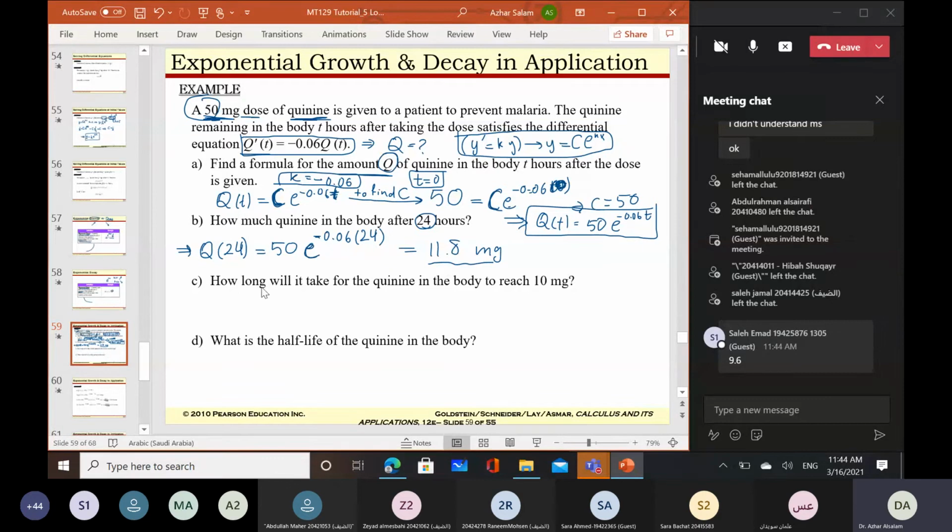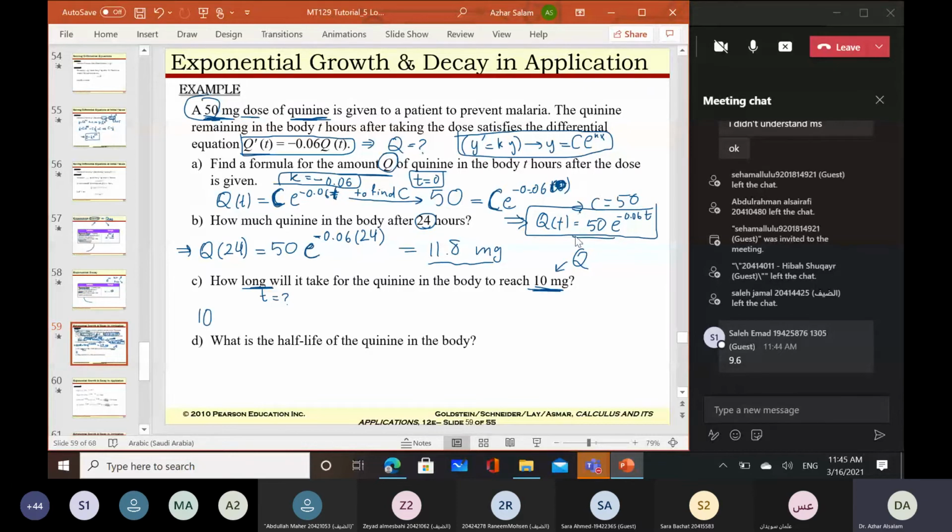Now the question: how long will it take for the quinine in the body to reach 10 milligrams? 10 milligrams is the amount Q, right? And the question is how long, so the question is to find t. I now substitute Q with 10.